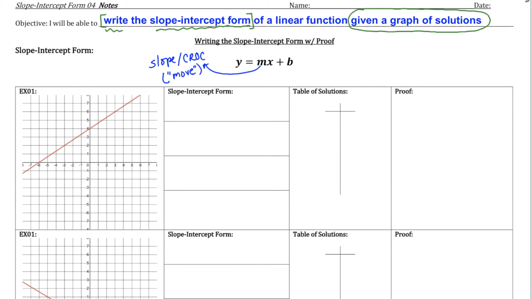And the b represents our y-intercept. And a useful way of thinking about this is where we start.